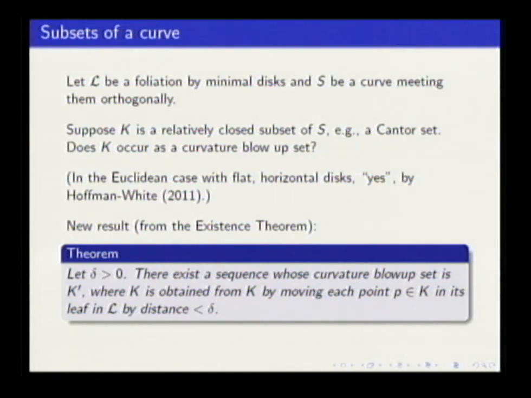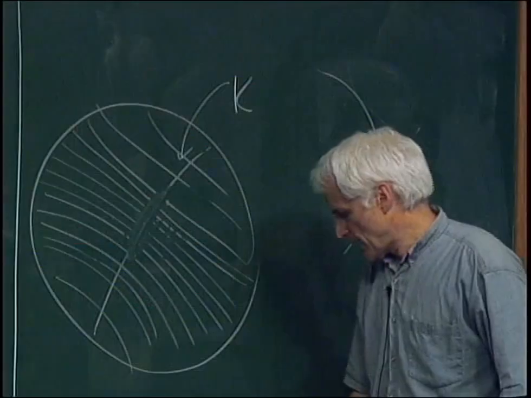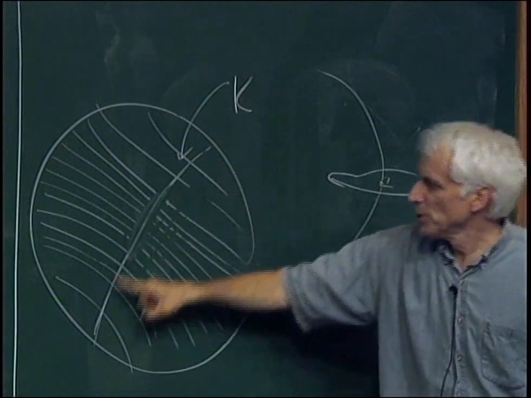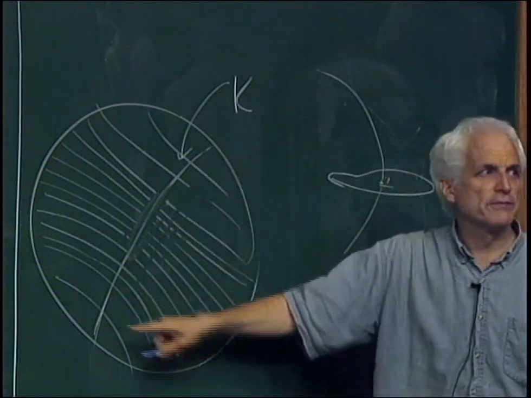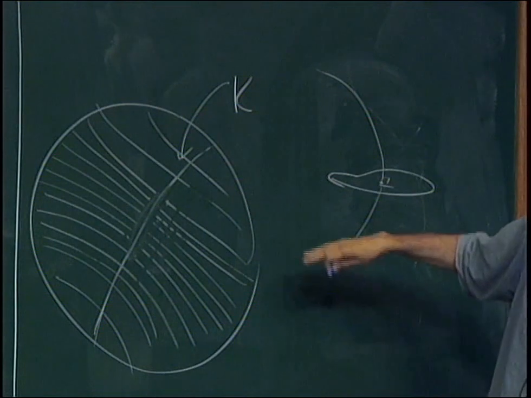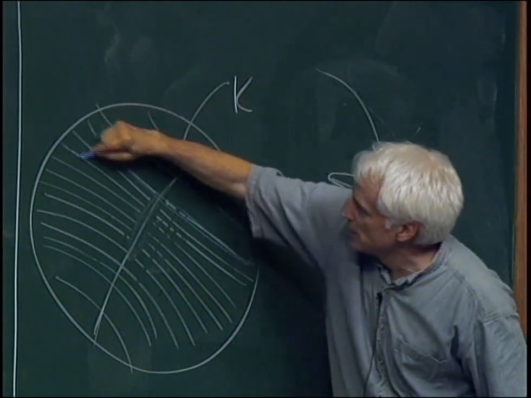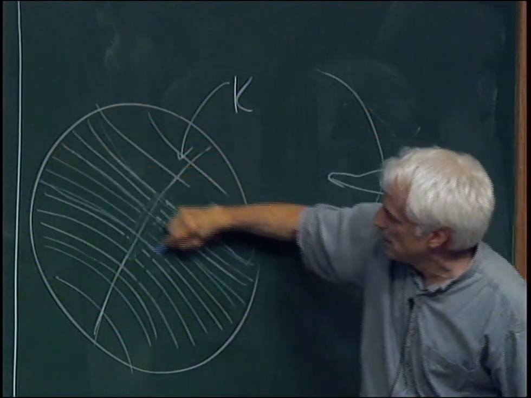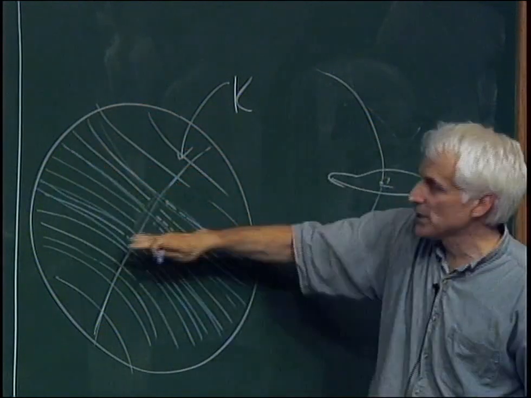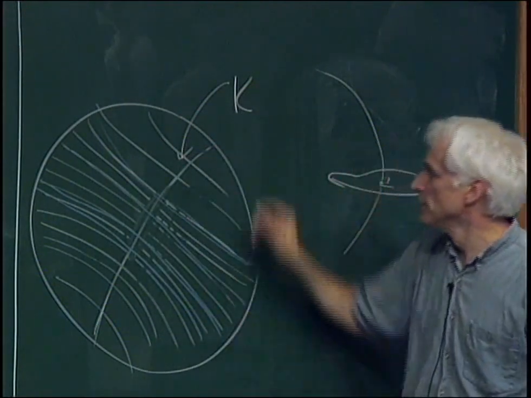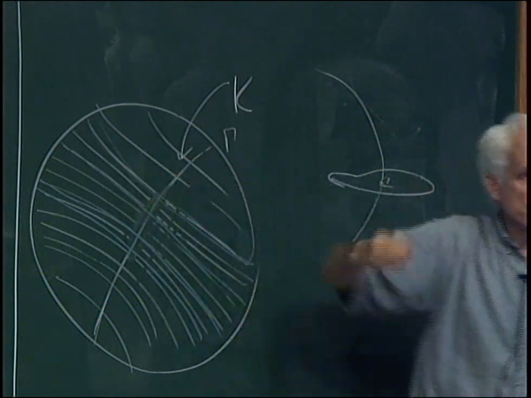Or I think maybe a better way of saying it is: take this foliation and take the curve, and I'd like the curvature blow-up set to be a certain subset of that curve, and let me specify which subset by marking some of the corresponding leaves. So I pick a certain closed subset of leaves, and then I would like the curvature blow-up set to be this curve intersected with all those selected leaves.